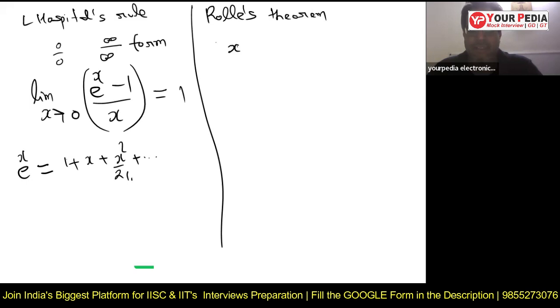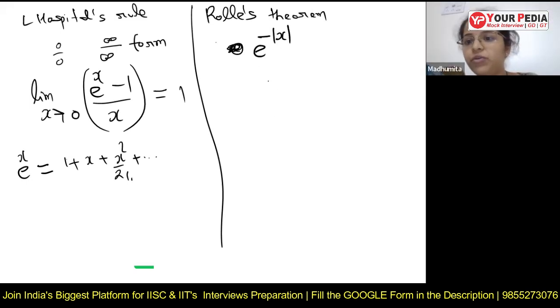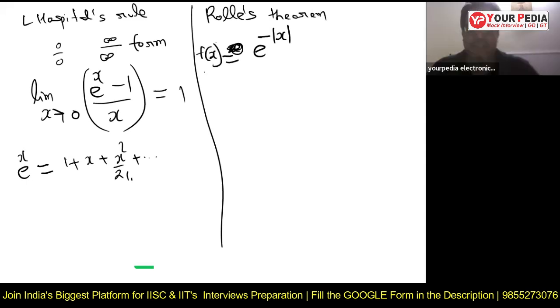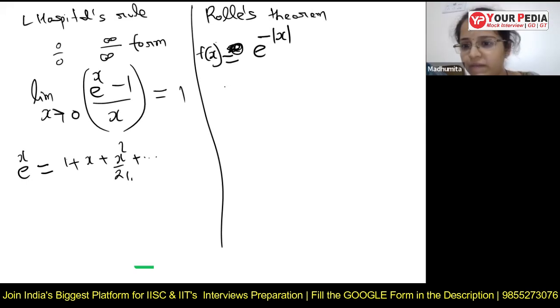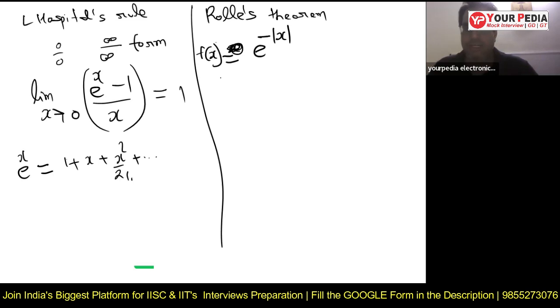Can you tell me about this? We have a function, say e to the power minus modulus of x. Do you know the modulus function? It will give you the positive of the number. Draw the graph of the function e to the power minus modulus of x. e power x is always positive. Show me the graph.